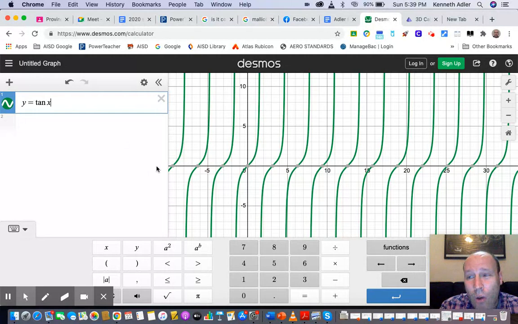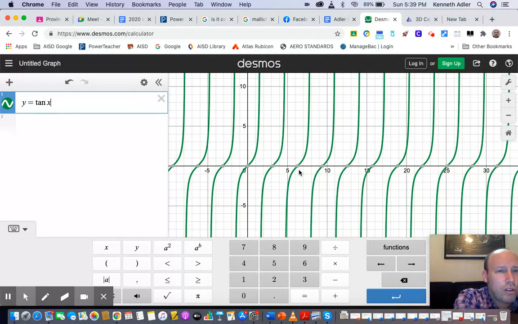It turns out that the domain for tangent is all real except all values that are 90 plus or minus k times 180. So like 90, 270, 450. You start at 90 and keep adding and subtracting 180s. All those values are restricted. It's kind of cool.